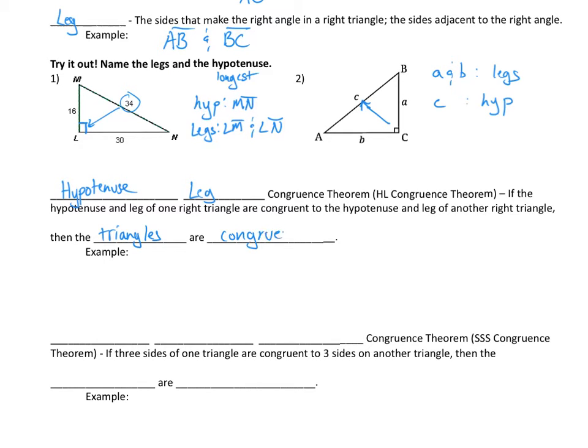And in order to prove this, we first have to prove it's a right triangle, and then second, we have to prove that the hypotenuse, or the longest side, and one of the legs are congruent.